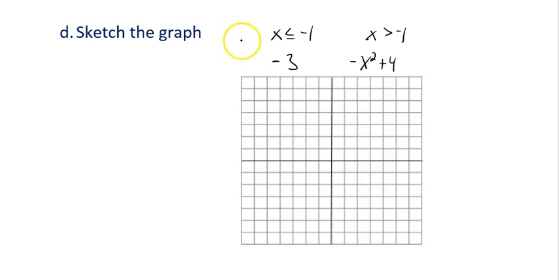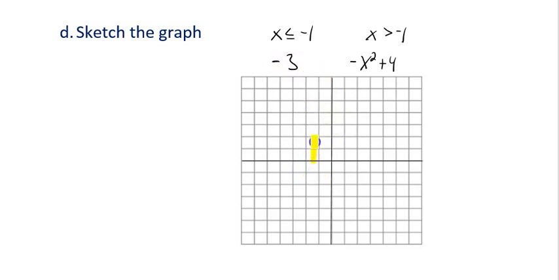Now as we move to sketch the graph, the first thing I want to do is highlight the sections that I want to be in. And according to our function, we are having one thing happening before -1 and one thing happening after -1. So these are going to meet at -1.